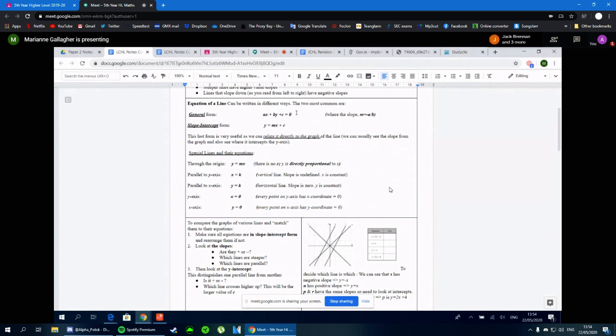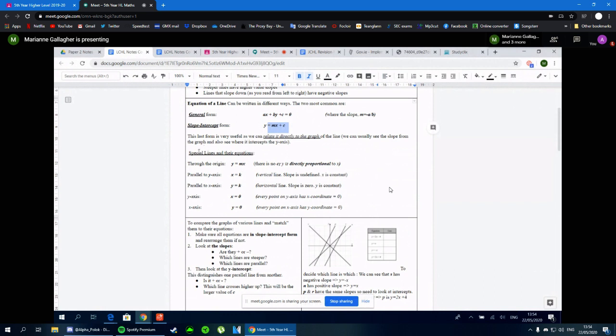The general form is good if you're doing something like simultaneous equations, like finding where two lines are crossing, or for some of the formulas, like if you're getting the distance from a point to a line, you want it in this form. Slope-intercept form is more useful if you're looking at the graph of a line, because immediately you can relate it directly to the graph. So you can see the slope from the graph, and you can see where it intersects the y-axis. So that's your m and your c directly from a graph.